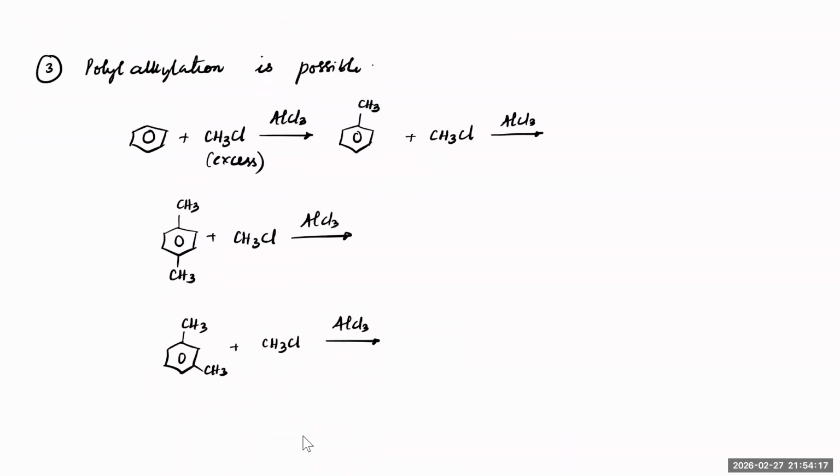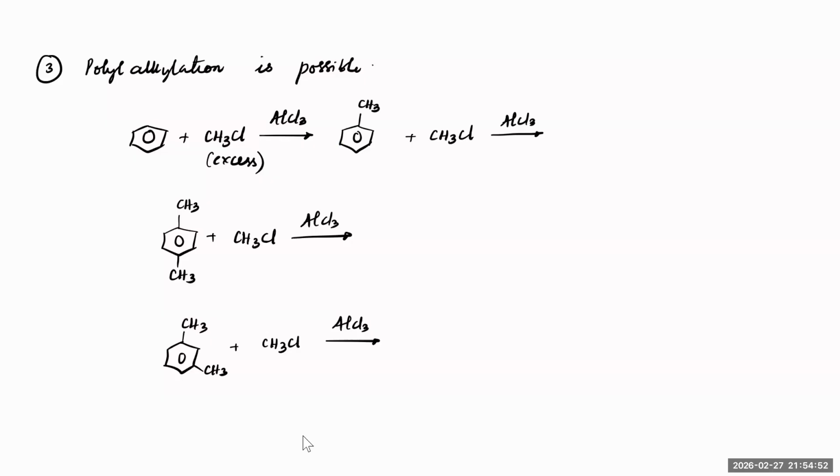Now notice here, a polyalkylation is possible in the case of Friedel-Crafts alkylation. That is, if you take CH3Cl in the presence of AlCl3 here, you can get methyl benzene first. But notice, if you have CH3Cl in sufficient quantity, between methyl benzene and benzene, toluene will have much faster EAS reactions.